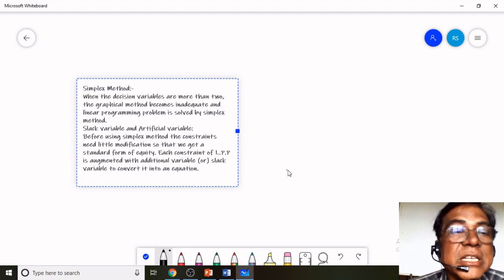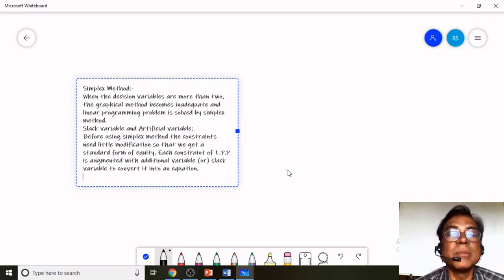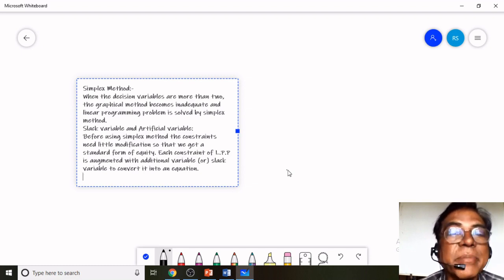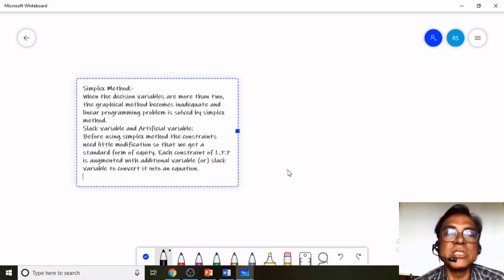Simplex method means when the decision variables are more than 2, the graphical method becomes inconvenient and the linear programming problem is solved by the simplex method. It means more than 2 variables.